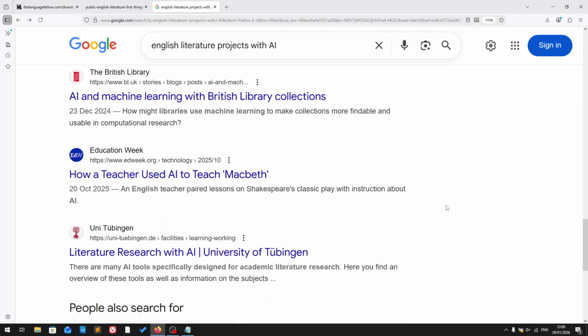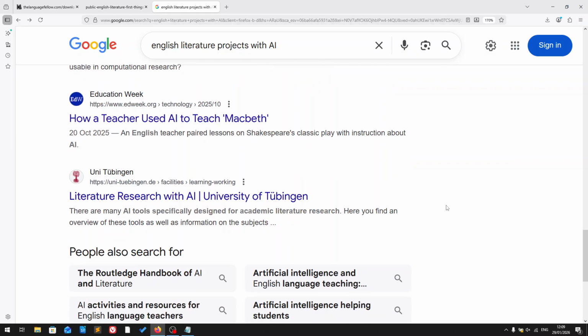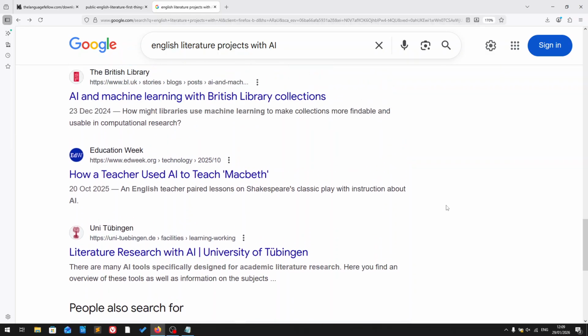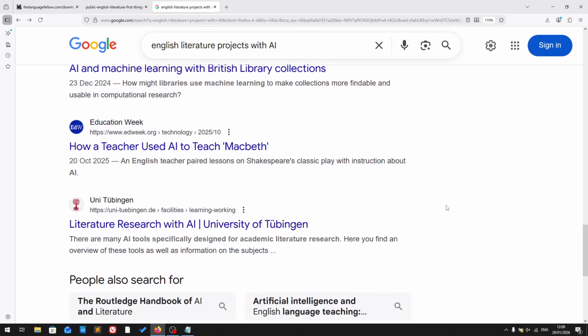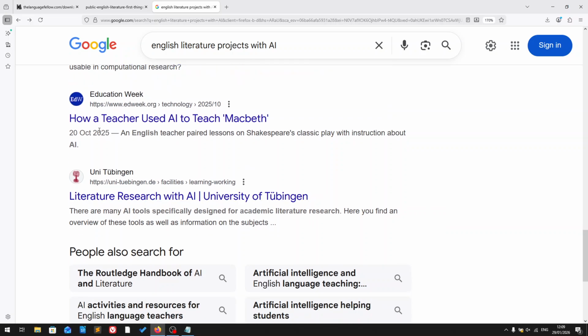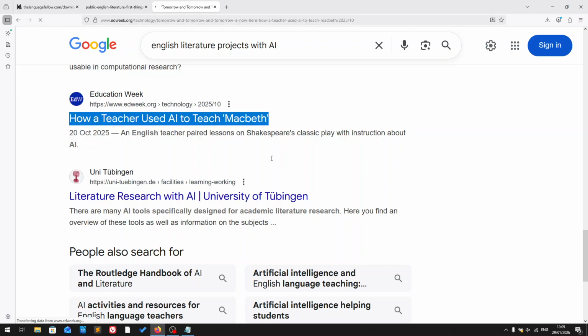AI and machine learning with British Library collections. How might libraries use machine learning to make collections more findable and usable in computational research? How a teacher used AI to teach Macbeth. Wow, that's something that you can read.